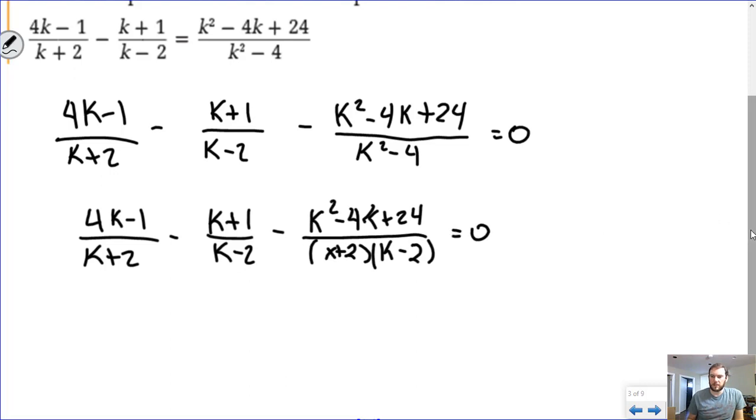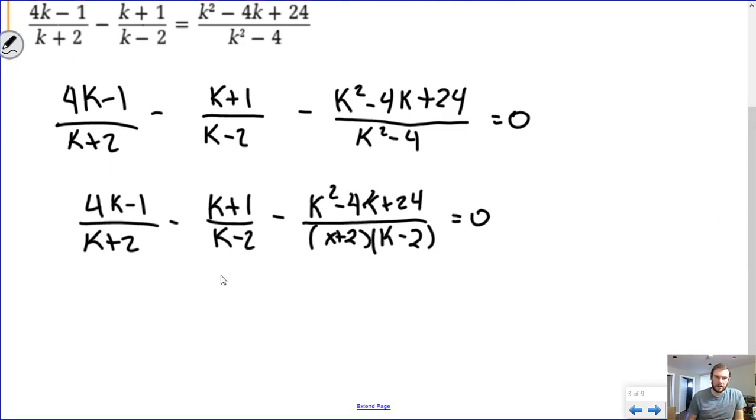Right, so again, we're going to write out our common denominator here is k plus 2 and k minus 2. And then, again, whatever this denominator is missing, we have to multiply to the numerator. Right, so the k plus 2 is already here, but it's missing the k minus 2.